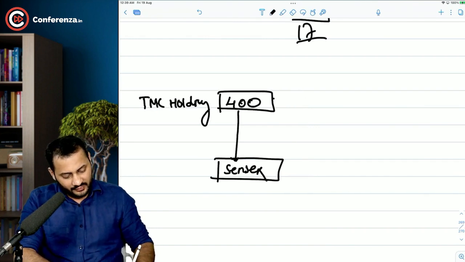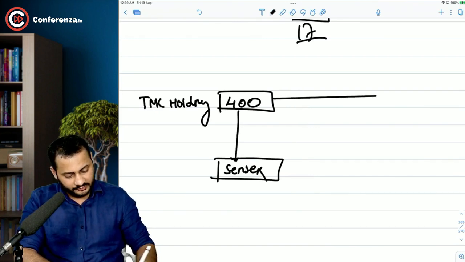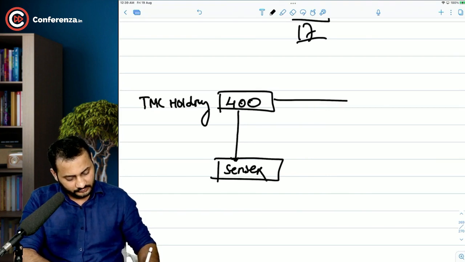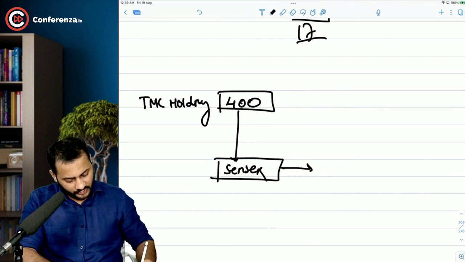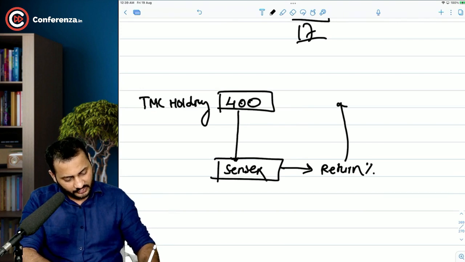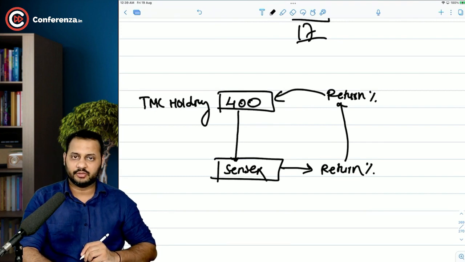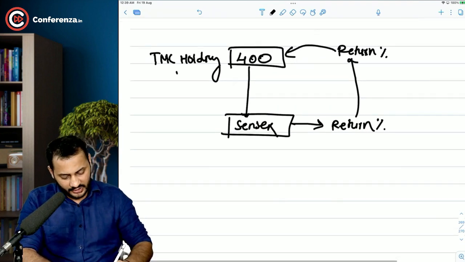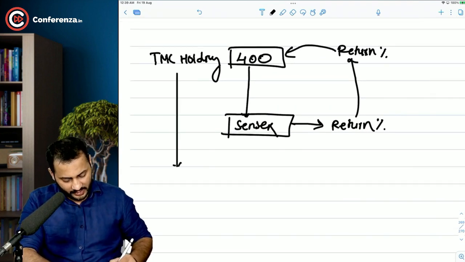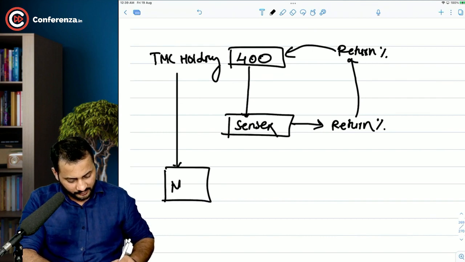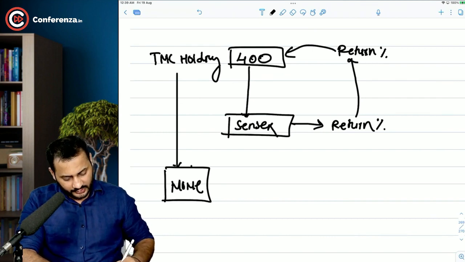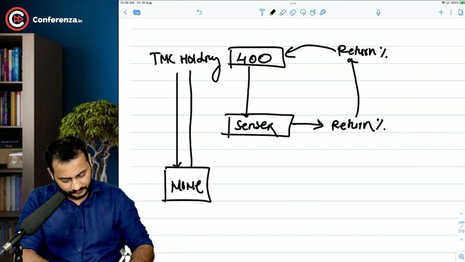So we have entered into a swap arrangement, or let me just clear a few things. So whatever will be the return of Sensex in percentage will be the return in percentage on 400 crore. Now TMC Holding has entered into a swap arrangement with a non-bank, in which what is going to happen?